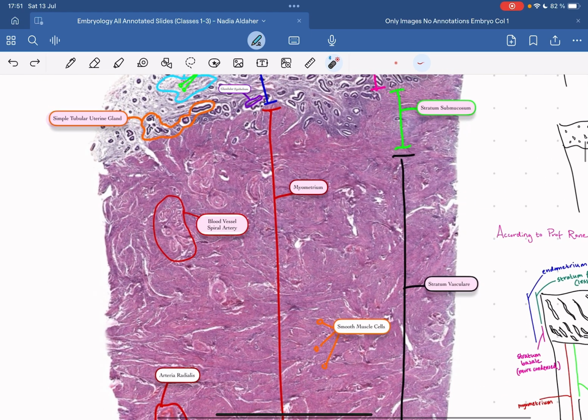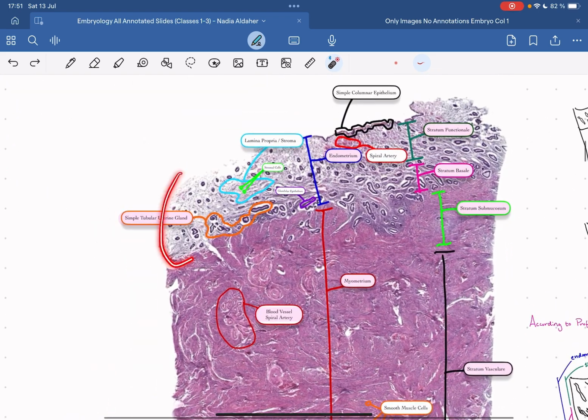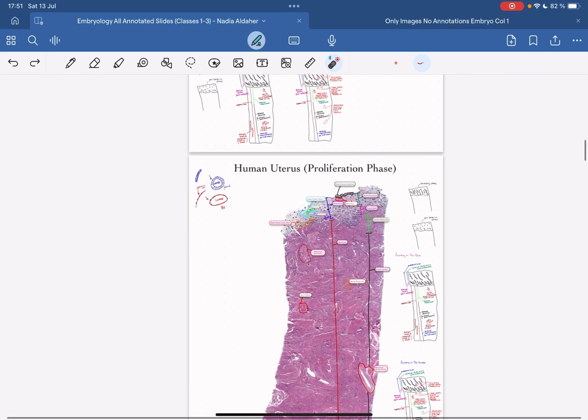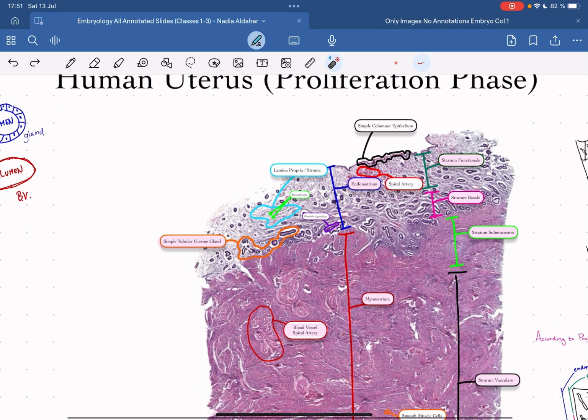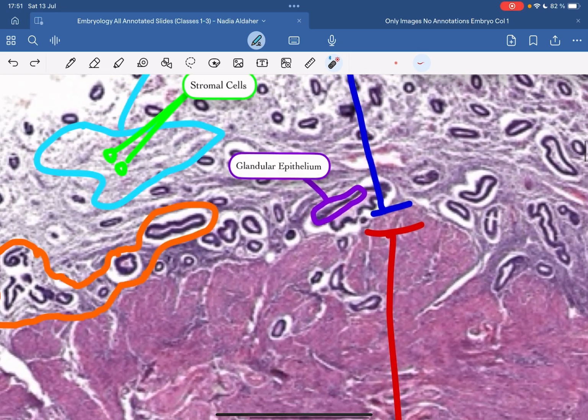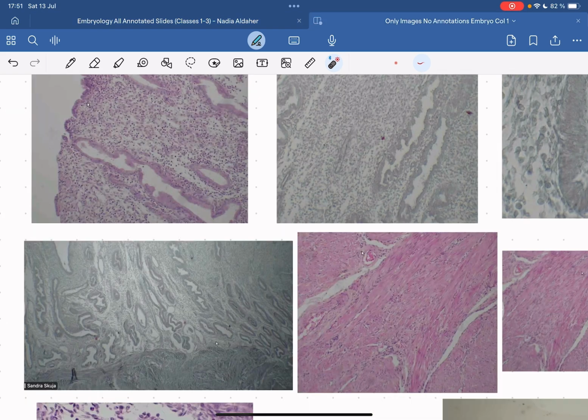The myometrium is made up of the smooth muscle cells of the uterus, while the endometrium has all of these lighter areas known as the lamina propria with all of the glands. You will not be able to see it this zoomed out on the microscope. Therefore, I'm going to explain how to easily identify that you're looking at a human uterus when it's very zoomed in, because that's just how far the microscope goes.